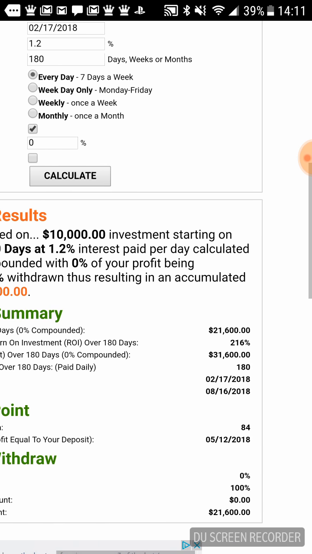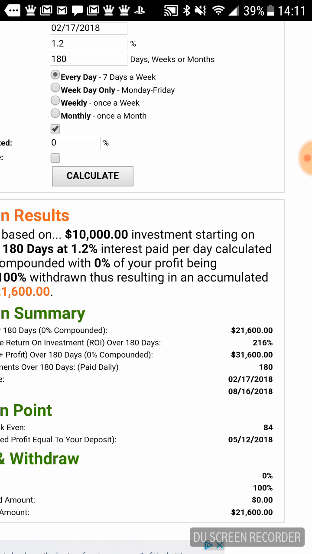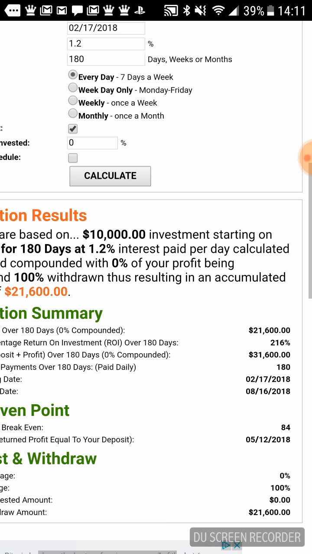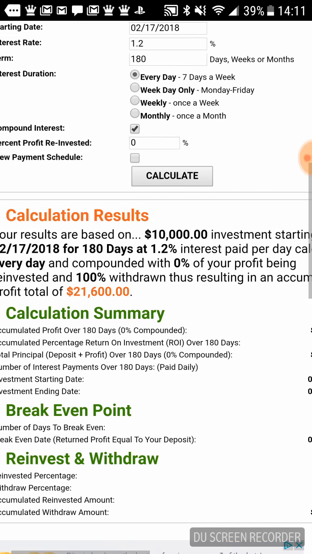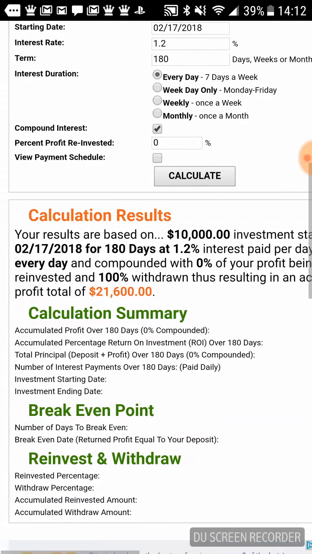And it tells you right here, your break-even point is almost 3 months into it, about 11 weeks or so, when you would break even with your 10 grand. After that, it would all be extra profit, right?